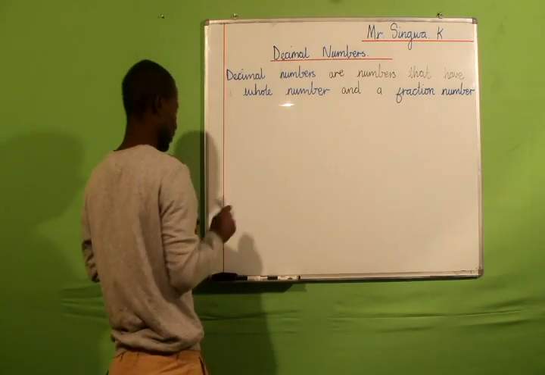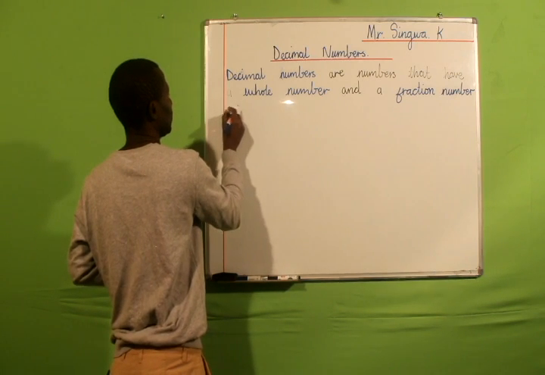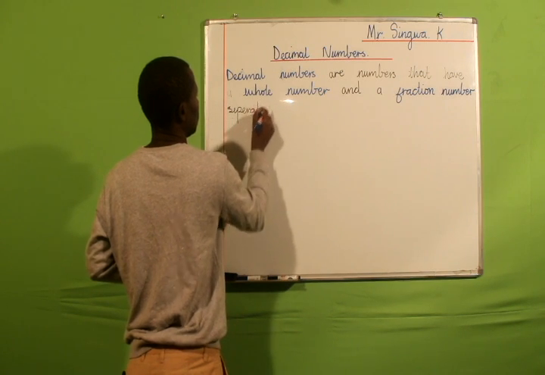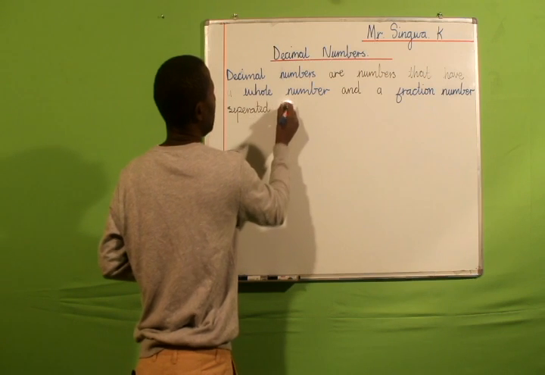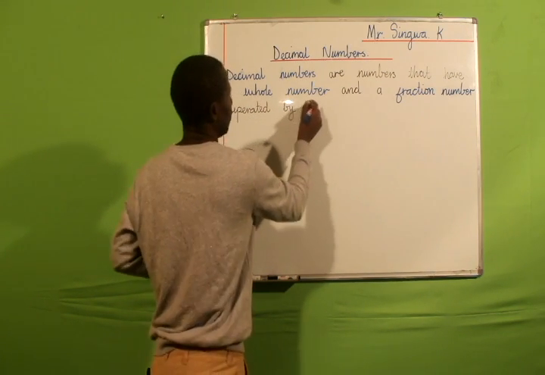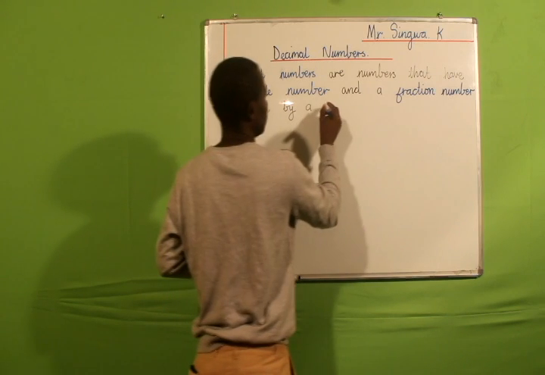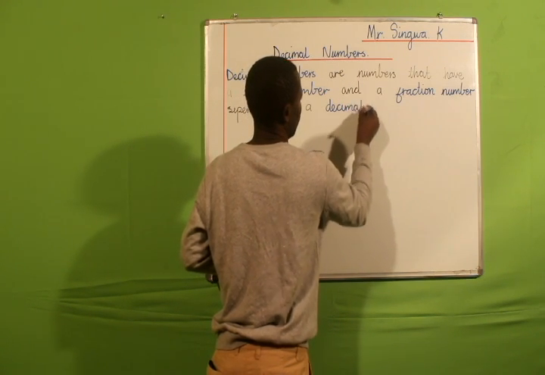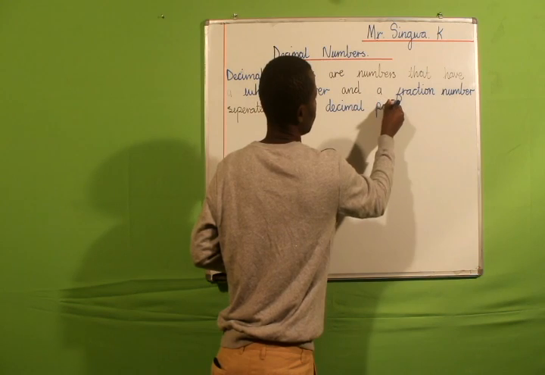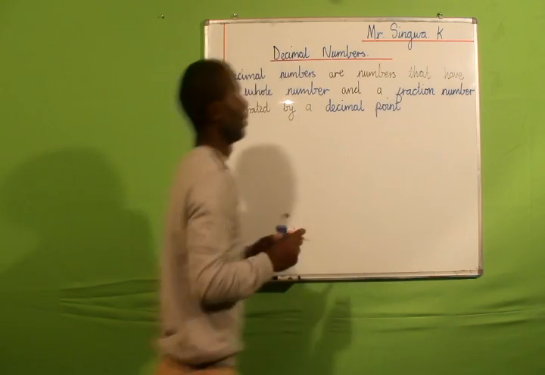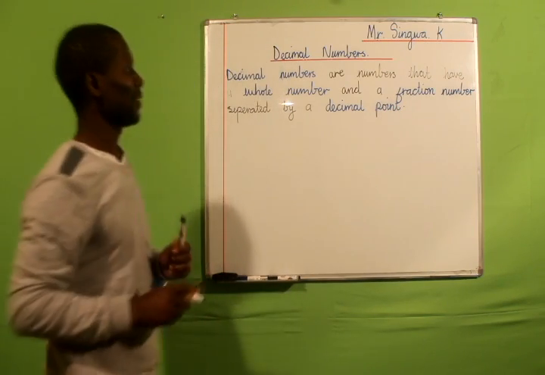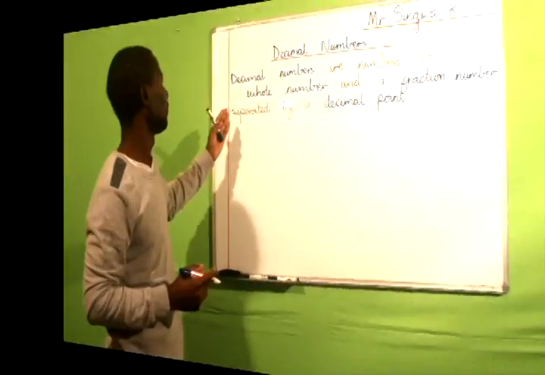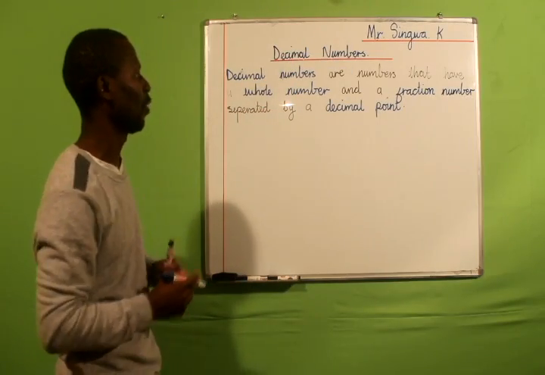Now, these must be separated by a decimal point. Decimal numbers are numbers that have a whole number and fraction number separated by a decimal point.